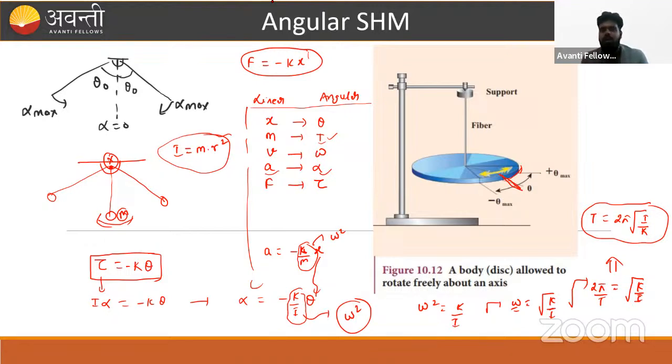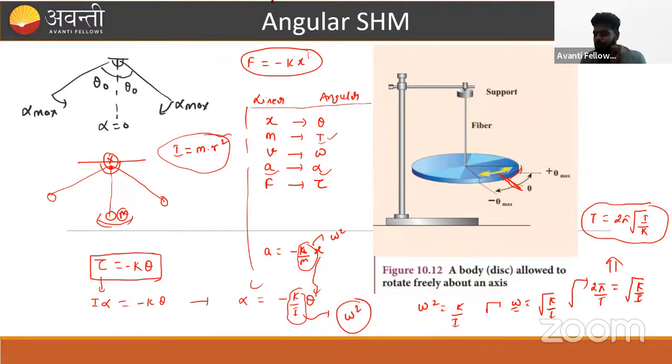We know that the amplitude in linear SHM is the distance between the mean position and the extreme position. In a similar manner, what is the angular amplitude?